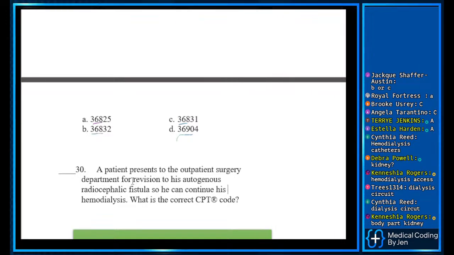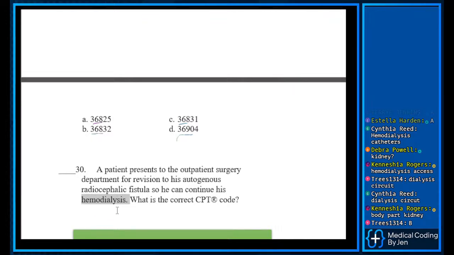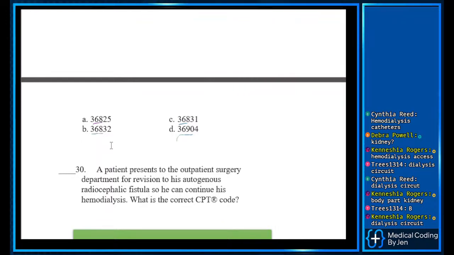Which one is for a revision of a fistula, so that the patient can continue with hemodialysis? We didn't do hemodialysis today. So I think all these codes that are under the 368, they're all under the hemodialysis area.